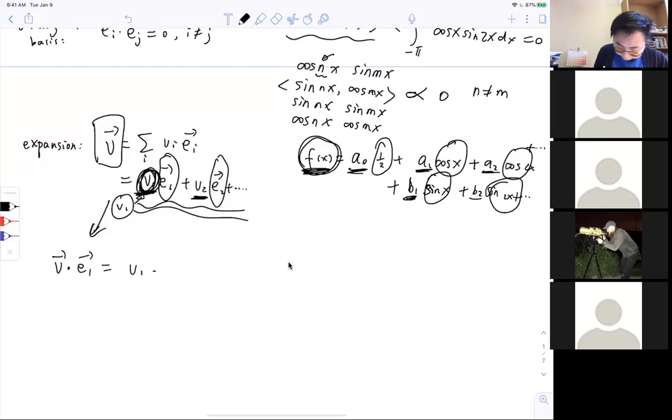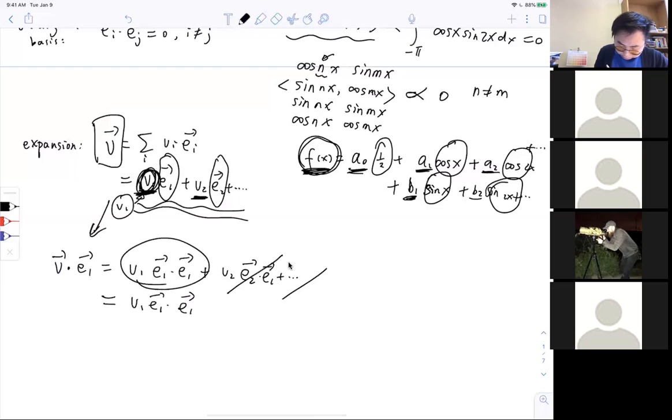We get v1 e1 dot e1 plus v2 e2 dot e1, and because this kind of basis is orthogonal, all the other terms just go away, and only the first term is left, which is v1 e1 dot e1. And v1 therefore is given by v dot e1 over e1 dot e1, right?